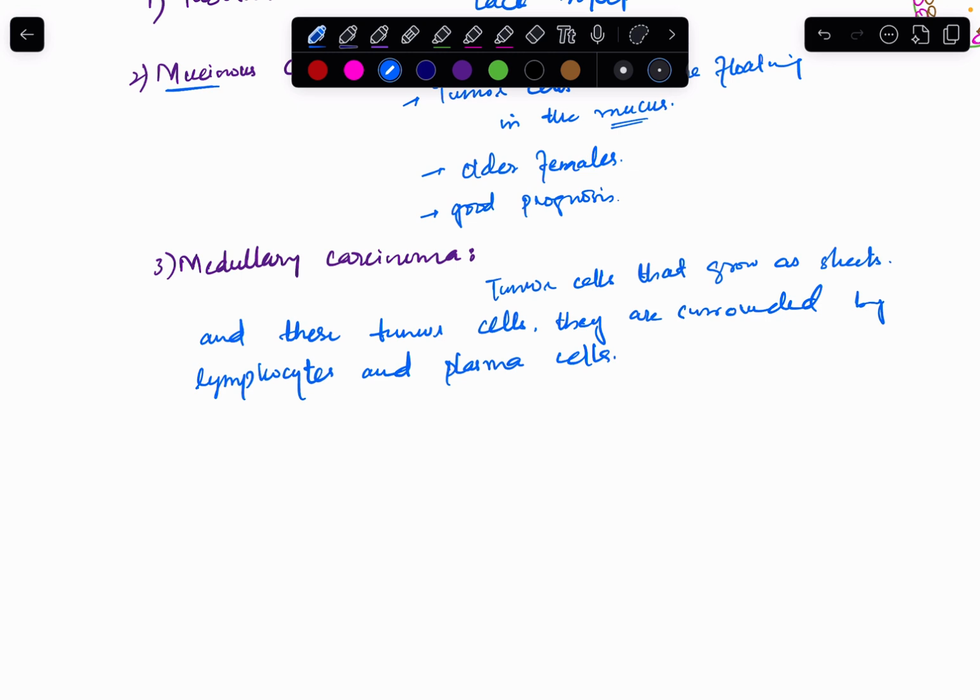It means that our immune system is trying to fight these type of tumor cells. If our immune system is trying to fight these type of tumor cells, it means that this carcinoma will have a good prognosis.